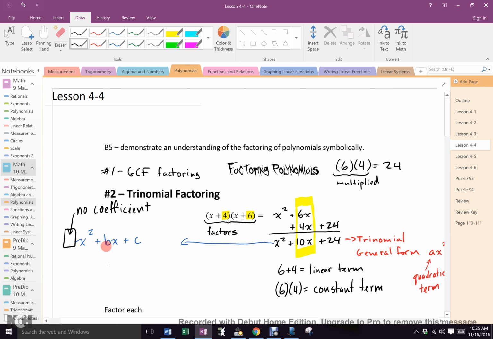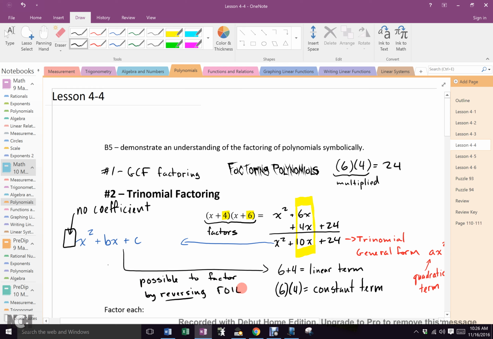If you have no coefficient, you have a trinomial that looks like that, then, or wait, I shouldn't say should, then it's possible to factor by reversing FOIL.